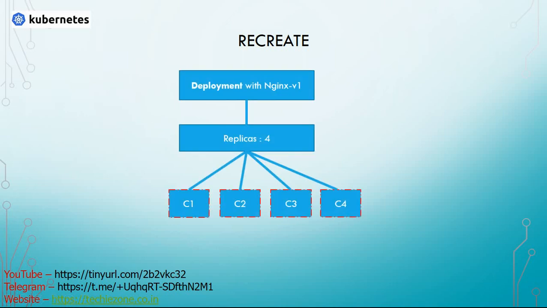Very first, we deploy a replica set of four containers using Nginx version 1. If I want to upgrade Nginx version 1 to the updated version 2, we have to make some changes in the YAML file, and after that we apply it using the command kubectl apply -f and the YAML file name.